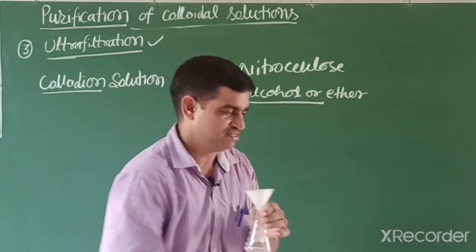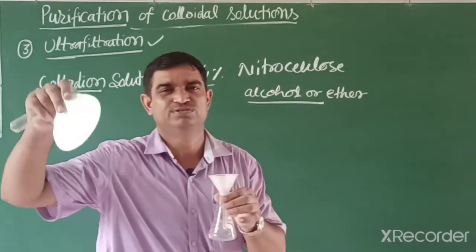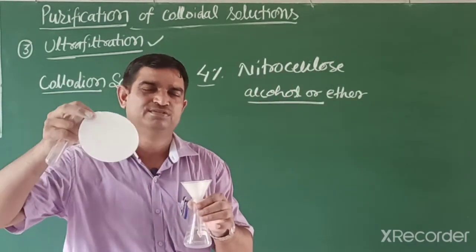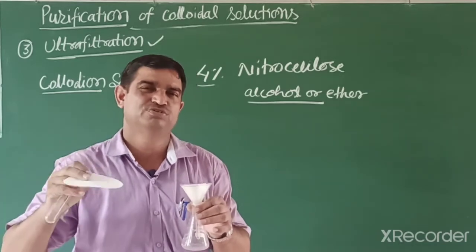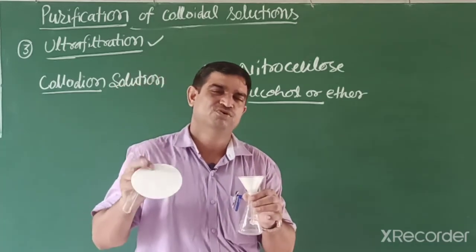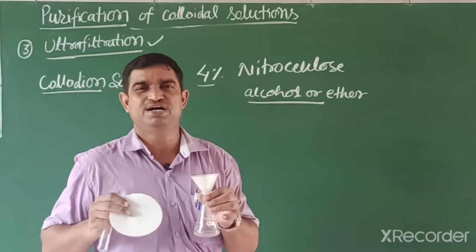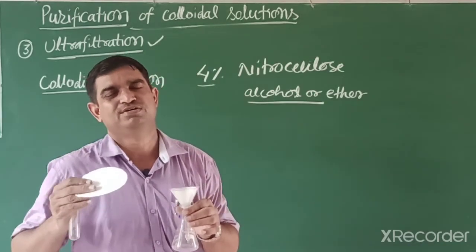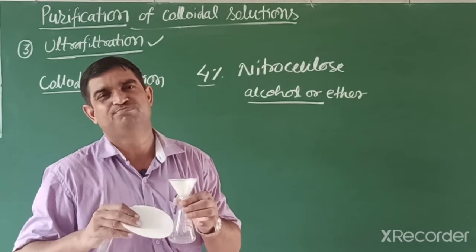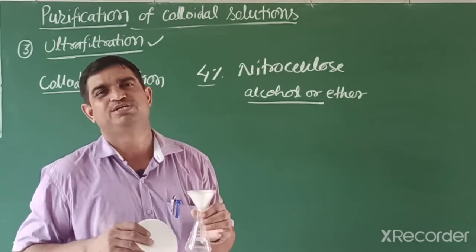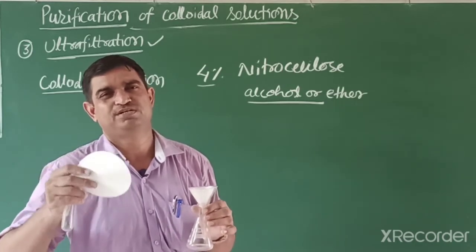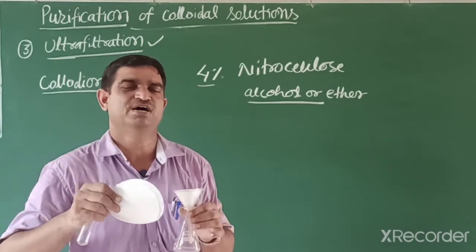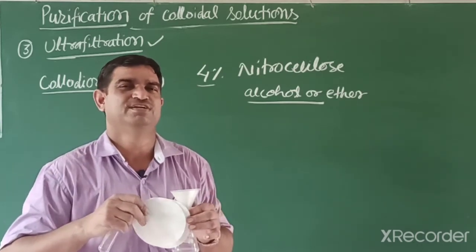If we place the filter paper in that solution, then the pore size reduces up to 1 nanometer. Only true solution particles can pass. Colloid and suspension remain above on the filter paper. So we can separate colloidal particles by using that filter paper, and that filter paper can be made further hard by dipping in formaldehyde.